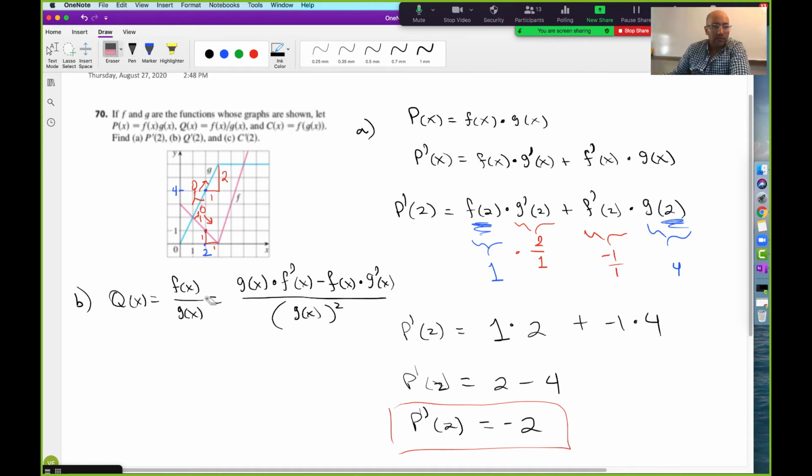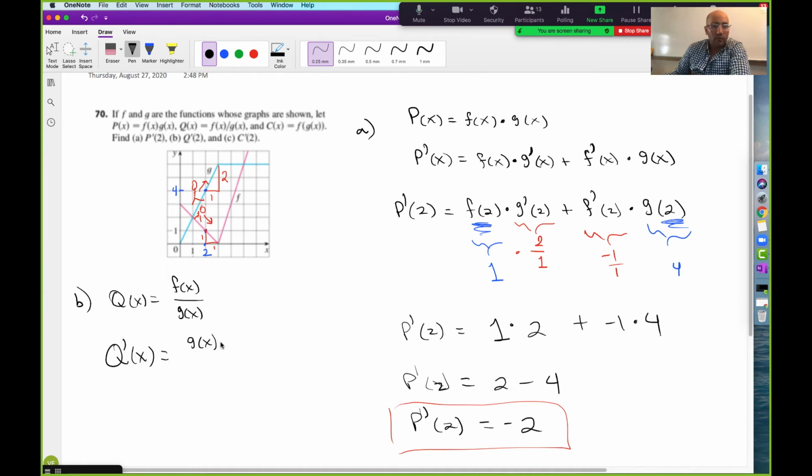Sorry. This is the function. I shouldn't say that that equals this whole thing. That's not true. We want to say that the derivative of this function equals that whole thing. Low f prime minus f of x g prime of x all over g of x squared. Good.